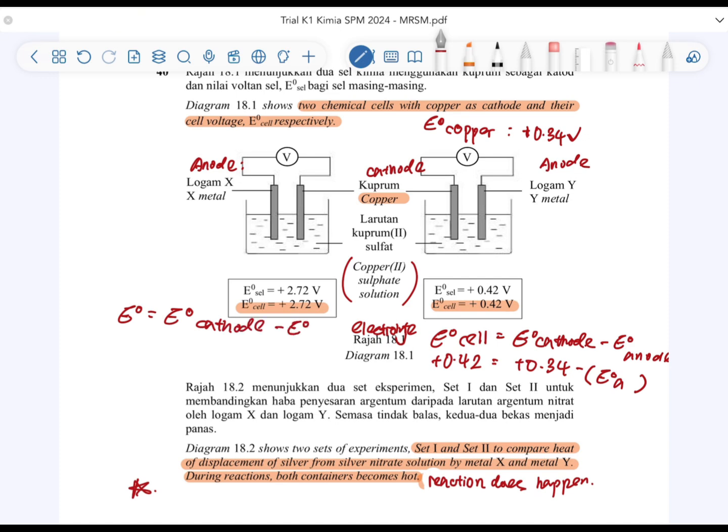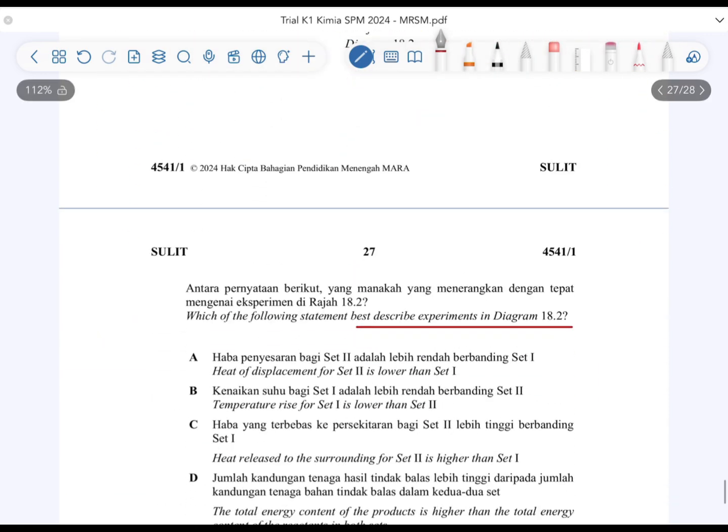So even if we don't calculate for it, we also can know for sure that this X metal is more reactive than the Y metal, since it has the higher value of the cell voltage. Okay, so let's go through the options.